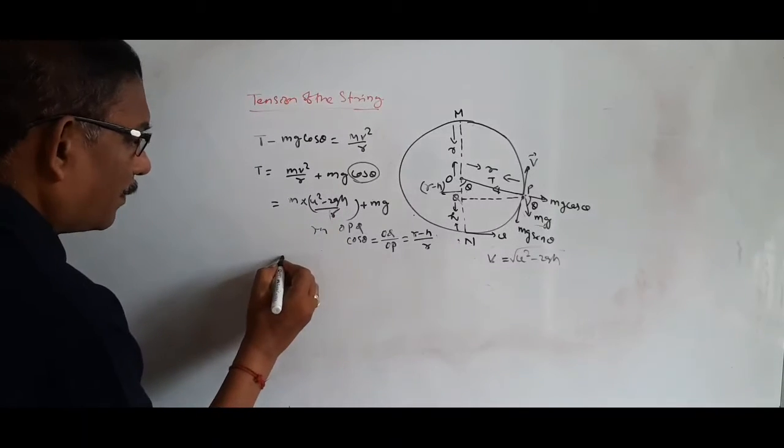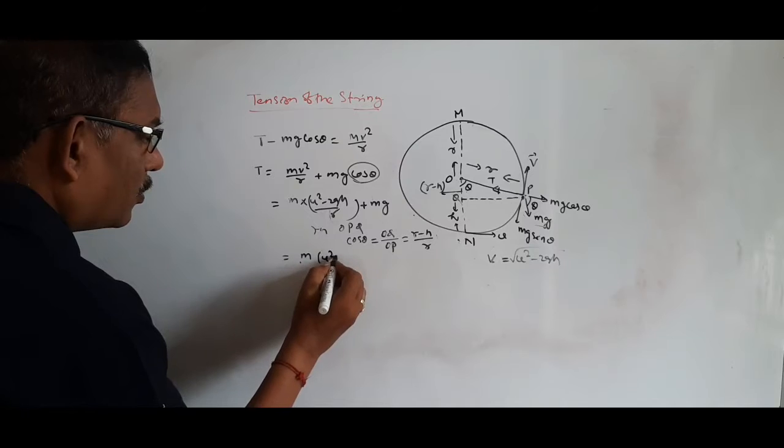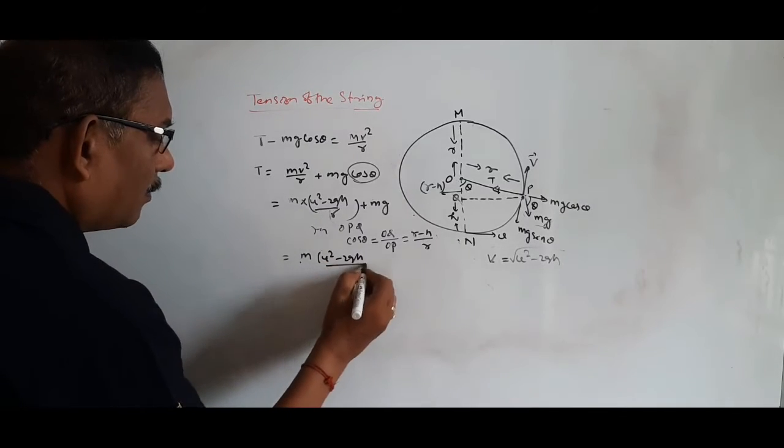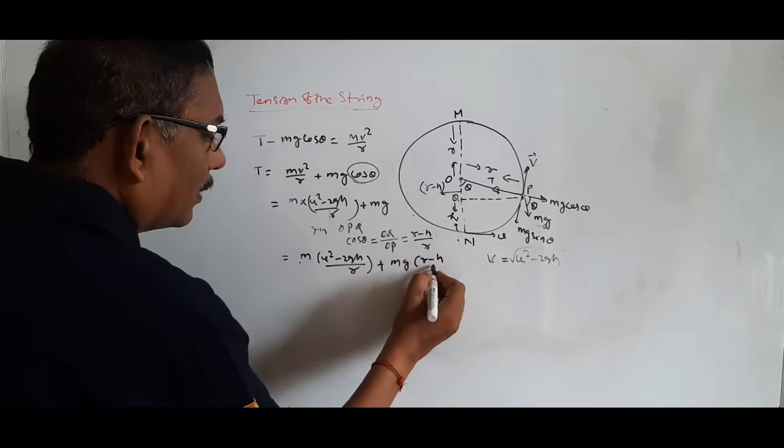Now put here m times u square minus 2gh by r plus mg times r minus h by r.